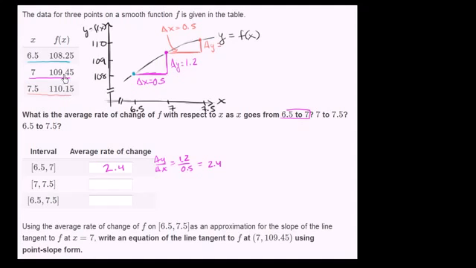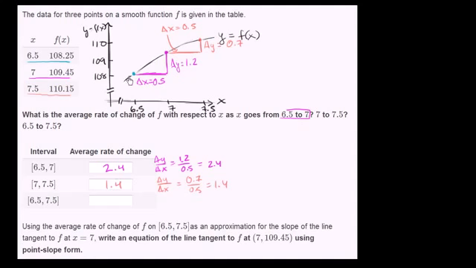We started at 109.45. So our change is 0.7. So our change in y over change in x is equal to 0.7 over 0.5, which is equal to 1.4. And so you can see that this is essentially the slope of the secant line between these 2 points.